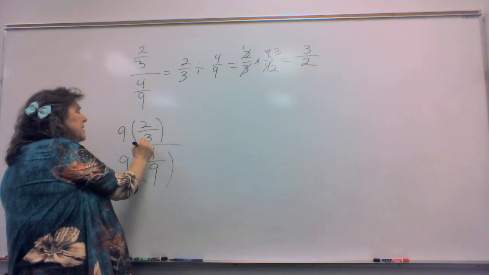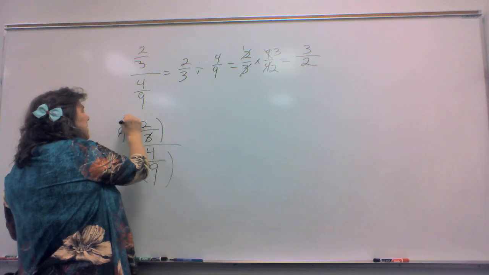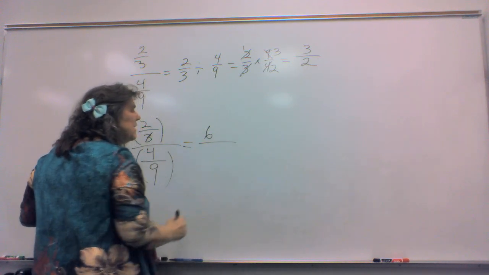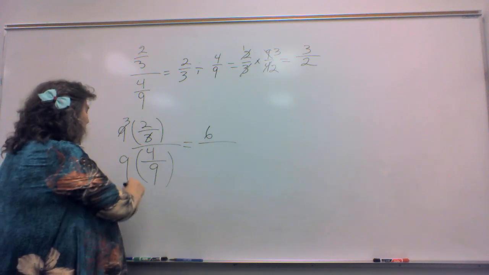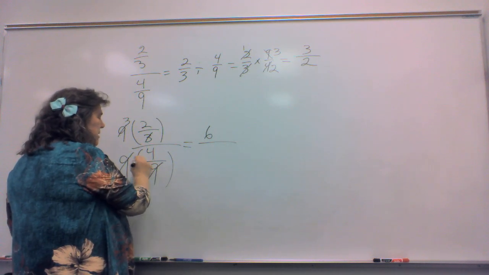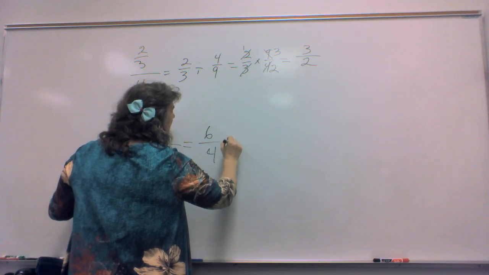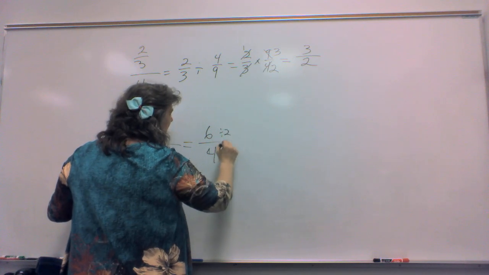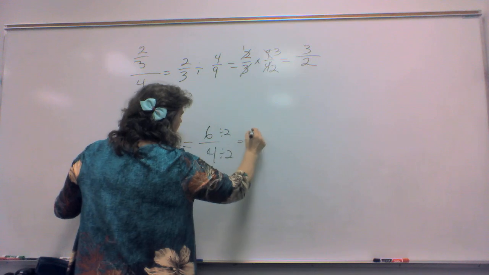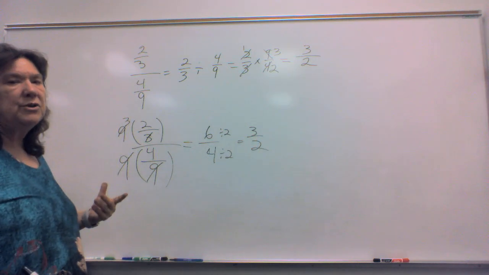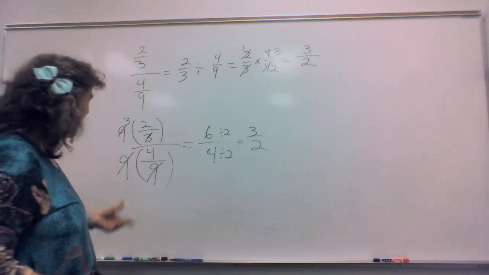Now simplify this fraction. 9 divided by 3 is 3, and 3 times 2 is 6. And see, it eliminates that fraction in the numerator. 9 divided by 9 is 1, and 1 times 4 is 4. And all I have to do now is simplify my fraction. I end up with 3/2. So either method, you get the exact same thing.